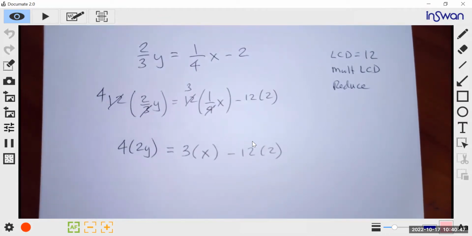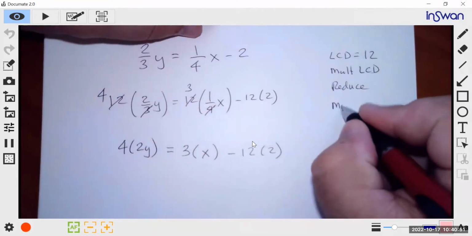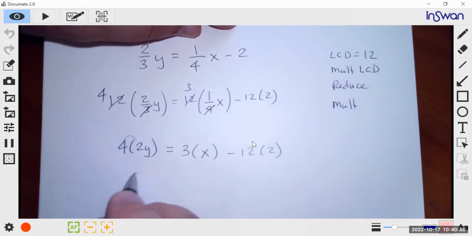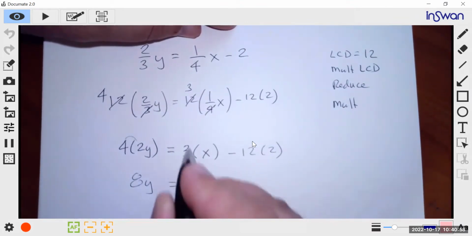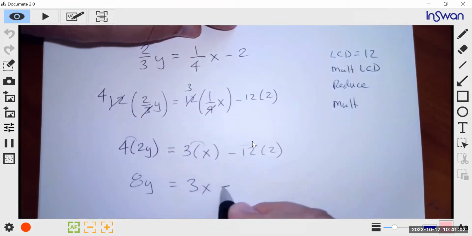Now we just have a straight equation. We multiply to get rid of the parentheses. 4 times 2 is 8. 3 times x, negative positive is negative. 12 times 2 is 24.